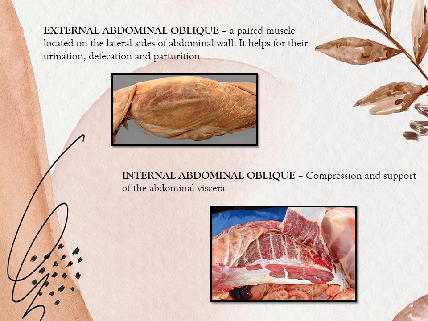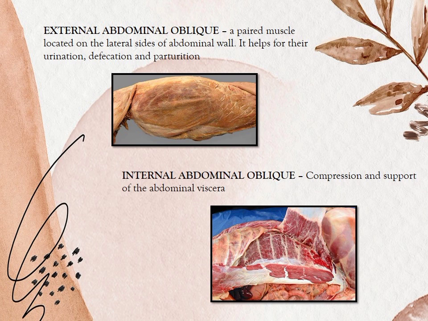The internal oblique muscle flexes and bends the trunk, assists forced expiration by depressing the lower ribs, and helps to maintain intra-abdominal pressure in defecation, micturition, and childbirth as its function.